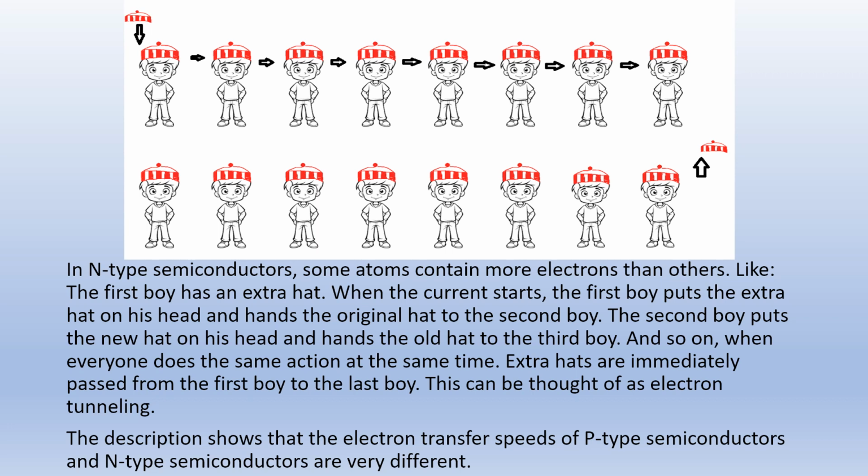And so on, with everyone doing the same action at the same time. Extra hats are immediately passed from the first boy to the last boy. This can be thought of as electron tunneling. The description shows that the electron transfer speeds of P-type semiconductors and N-type semiconductors are very different.